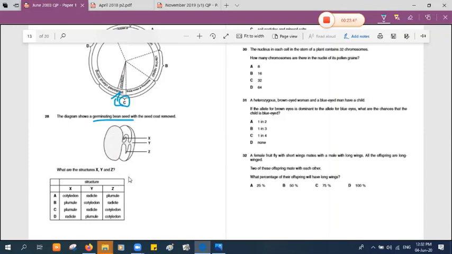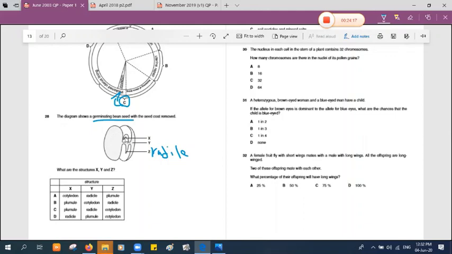We have here, do you remember when I told you that the lower part called radicle, and we saw it? No, think again. 28. The Z is radicle. I will label it and then you choose the right answer.